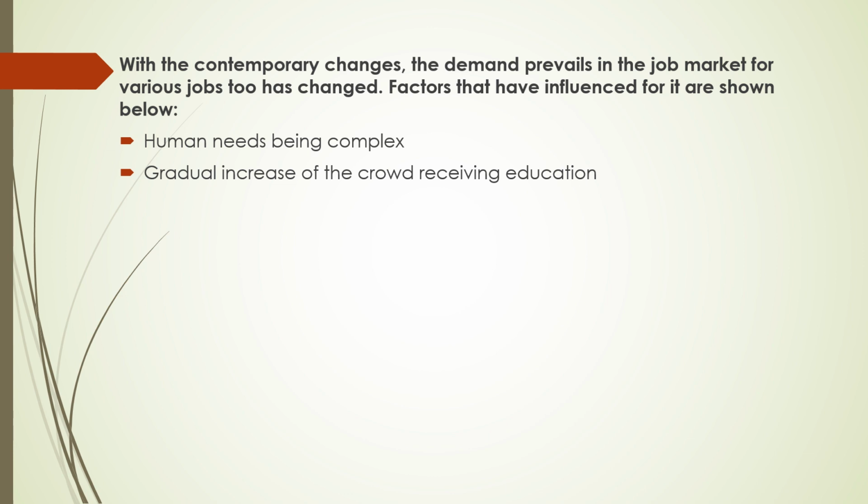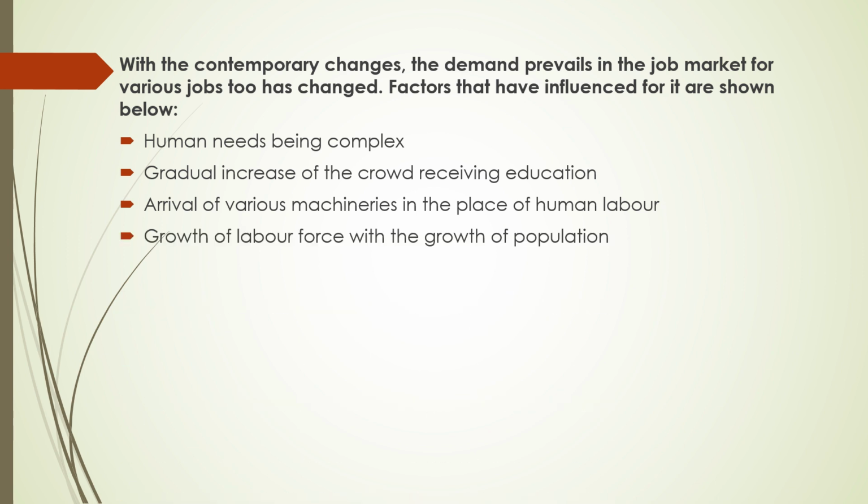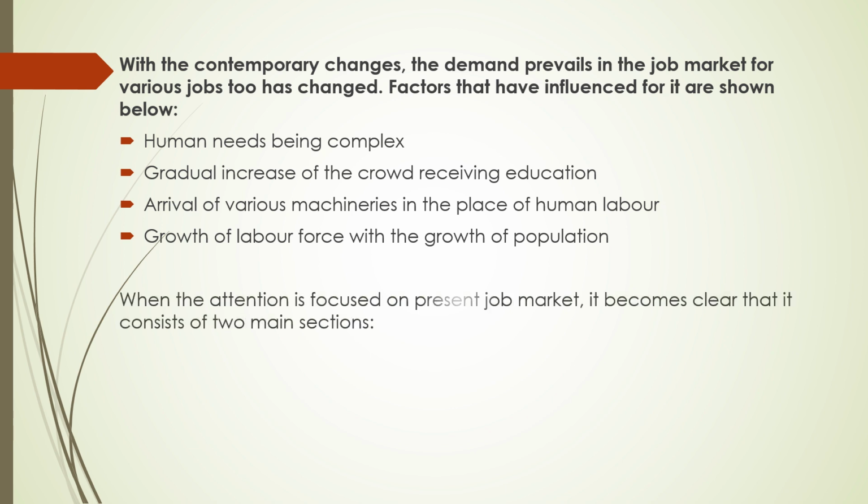So compared to past decades, nowadays people are studying well and receiving education. And an arrival of various machineries in the place of human labor, right? So instead of using human labor, there are machineries. Growth of labor force with the growth of population.